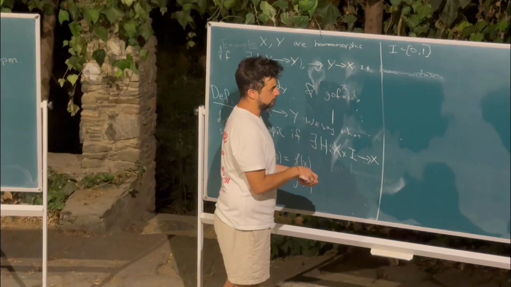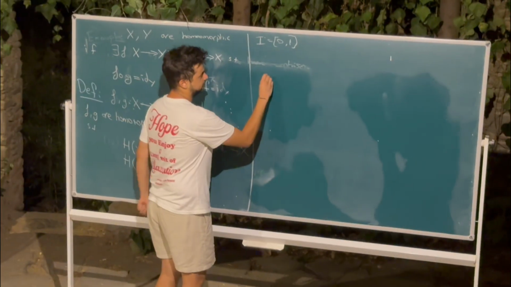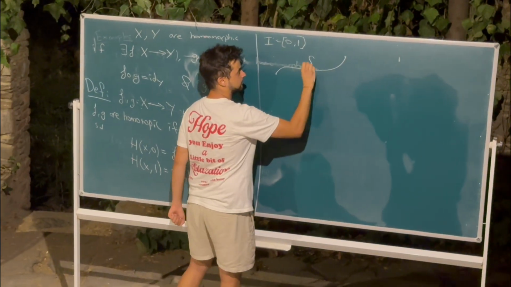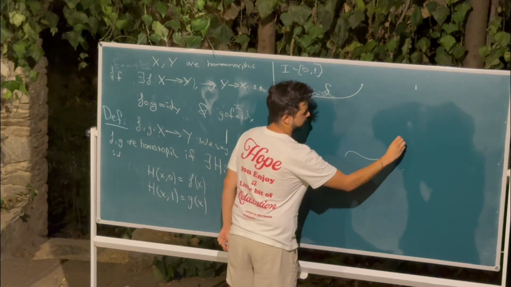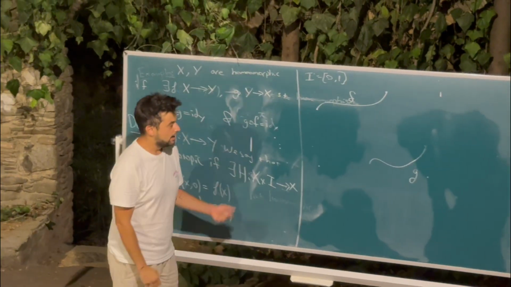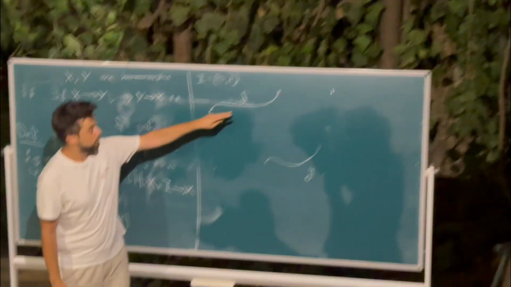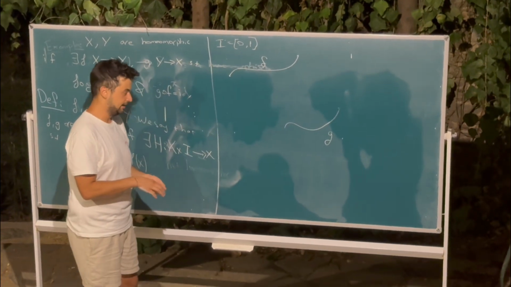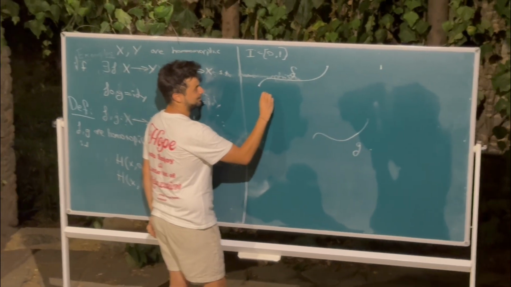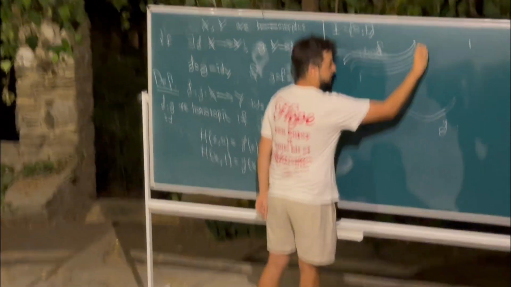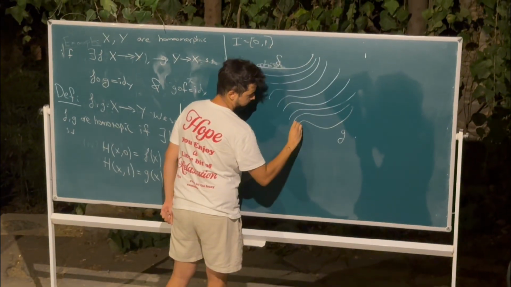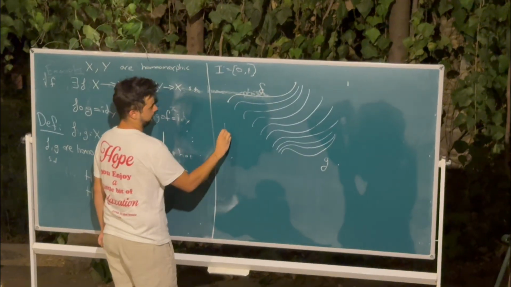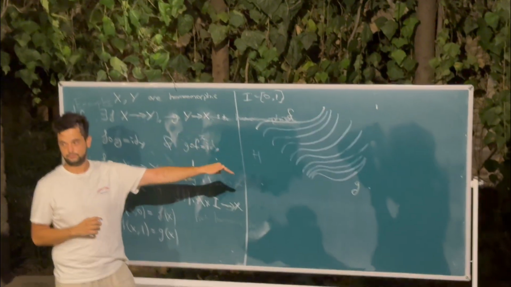So let me give you an example. Suppose this is f, the image of f, and maybe this is g. So now I need to come up with a movie that deforms f to g, okay? This will not be very mathematical, but I also write what it is. So this will be my homotopy from f to g.